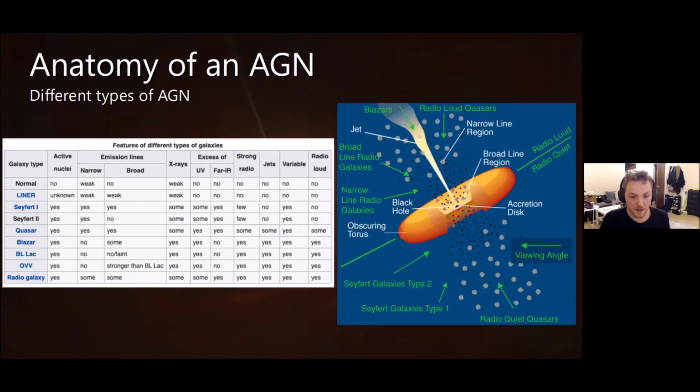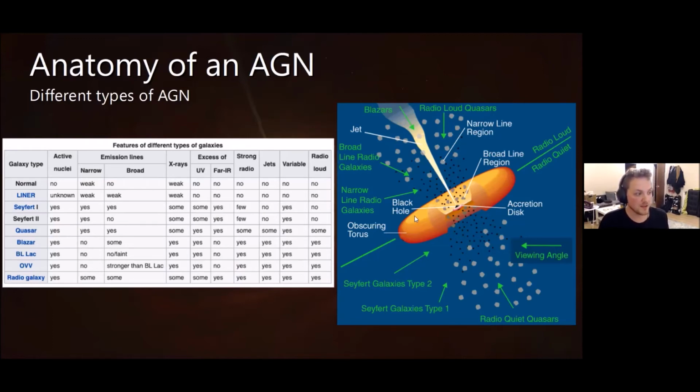The bright spiral galaxies that Carl Seyfert found, you can see that some types of AGNs are called Seyfert galaxies. Seyfert 1 galaxies are just because we have an unobscured view of the accretion disk, the broad line region, and the black hole. You also have type 2 Seyfert galaxies, which is basically Seyfert 1 galaxies, but without the broad line region and without too much of the optical continuum, because that's obscured by the torus. They are the same thing, we believe now, but just the viewing angle is different.